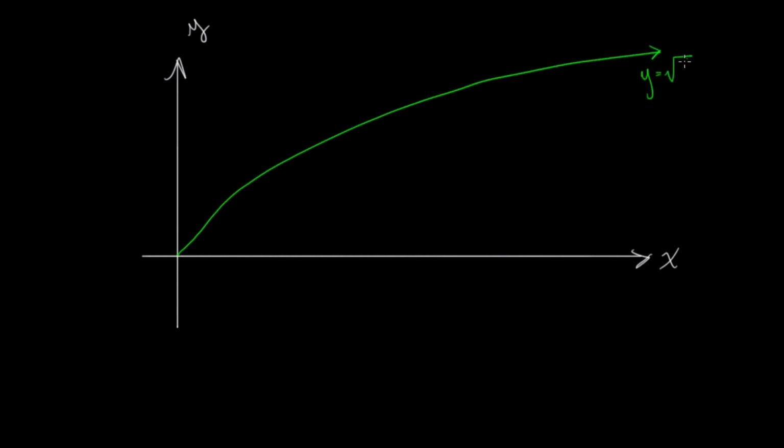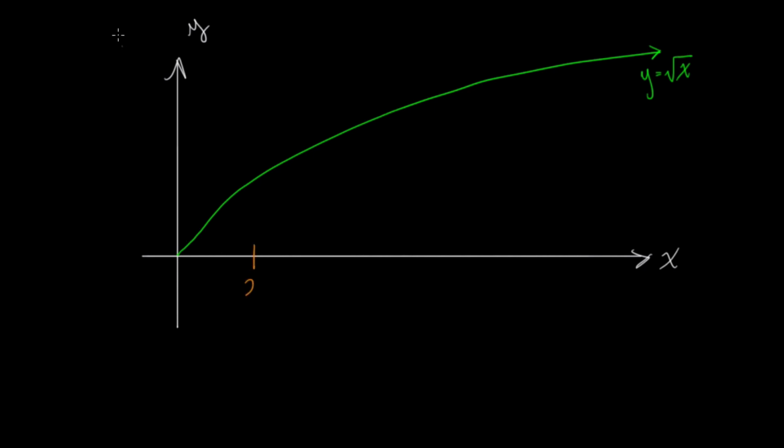We know that the graph of square root x looks something like that. Now we're adding 1 to that, so we're going to move the whole function up by 1.